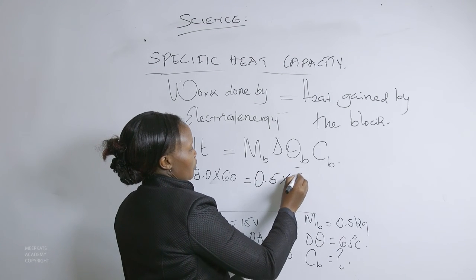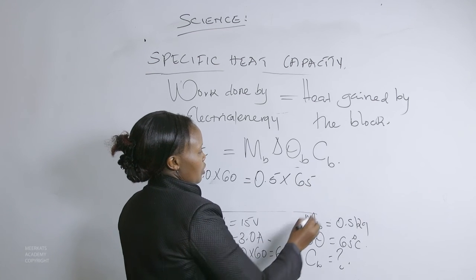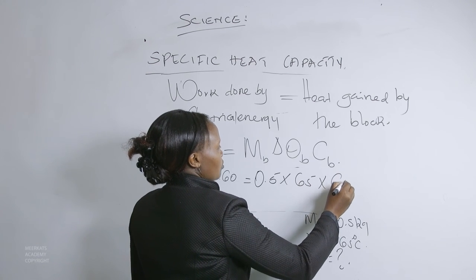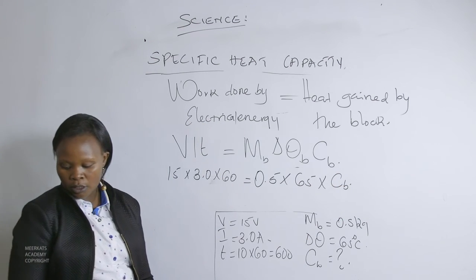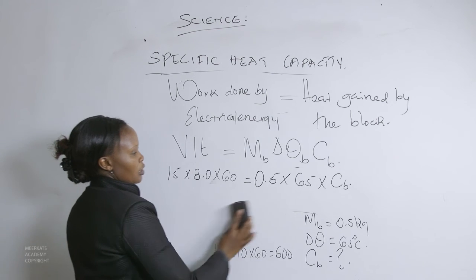We multiply by our temperature change, 65, and then by the specific heat capacity of the block, which we seek to determine.